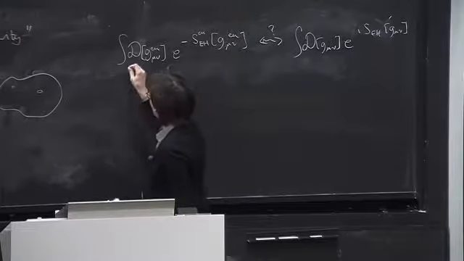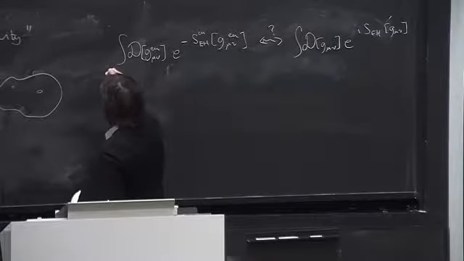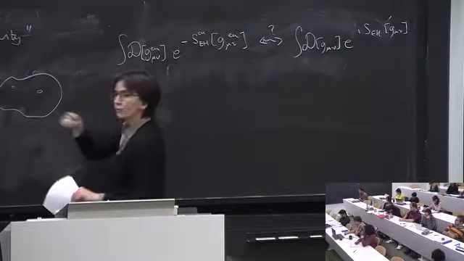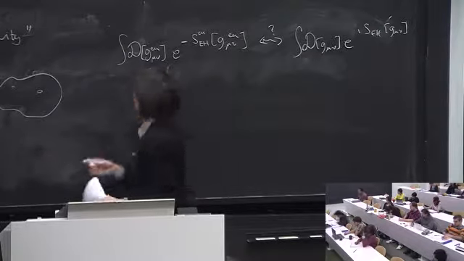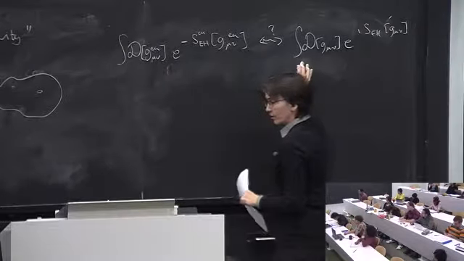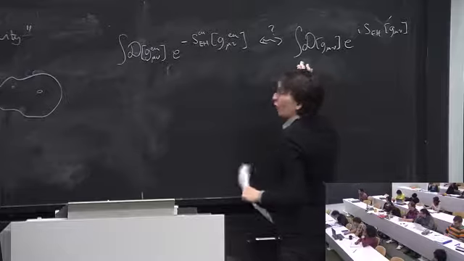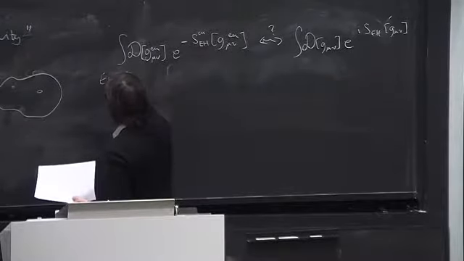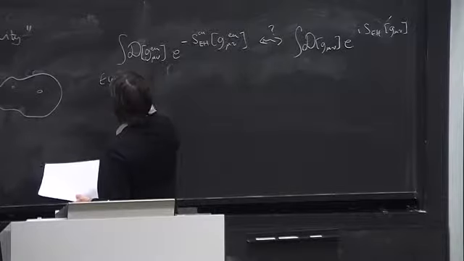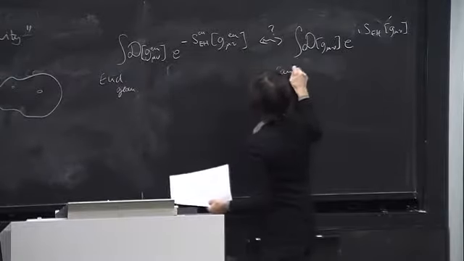Well, in the Euclidean case one is integrating over these kind of isotropic geometries, which for instance don't know about causal structure at all, and here one is integrating over causal geometries. So these are just Euclidean geometries, and these are causal geometries.